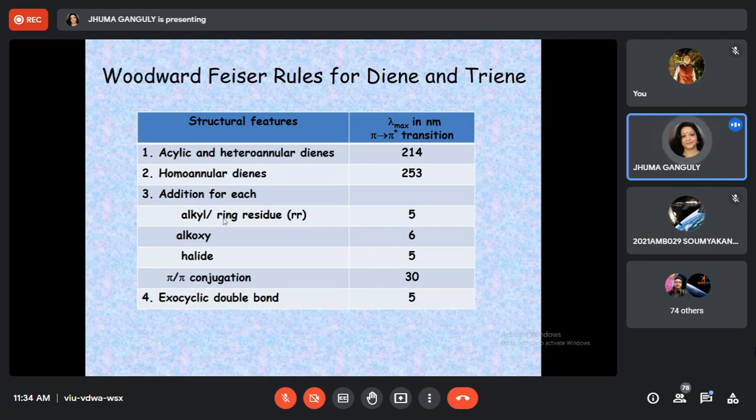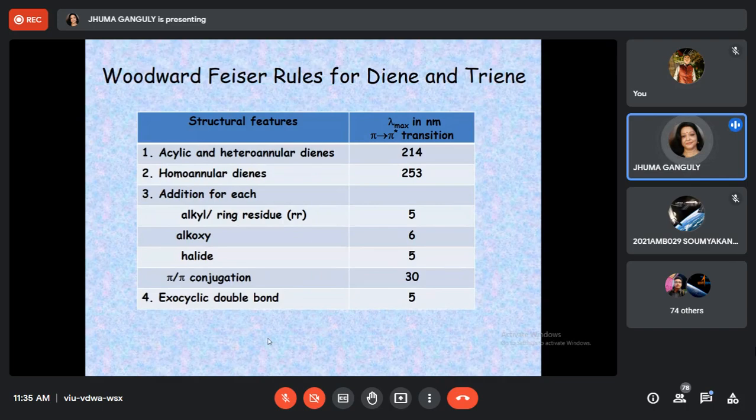So addition of each alkyl group, we have already seen the plus I effect is there. And another part, the ring residue. You have to add plus 5 for each alkyl group. If there is an alkoxy group, you have to add plus 6. For halide, plus 5. For each pi-pi conjugation, you have to add plus 30. And exocyclic double bond, you have to add plus 5.